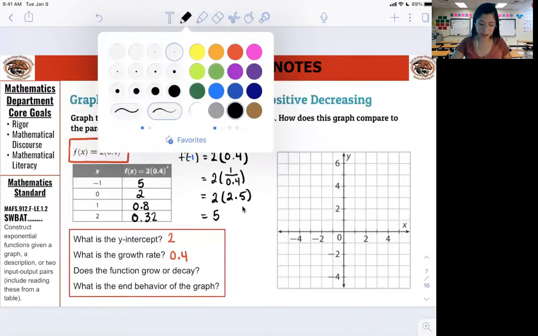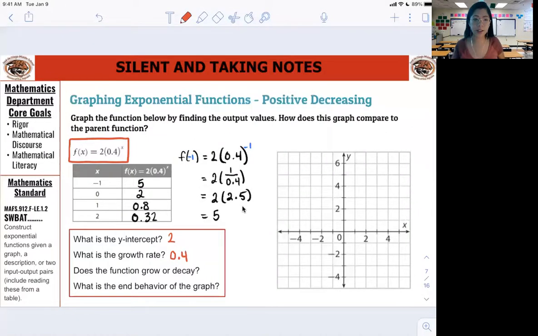When you sketch this on your sheet of paper, do your best. It does not have to be perfect, but at least get the right shape.